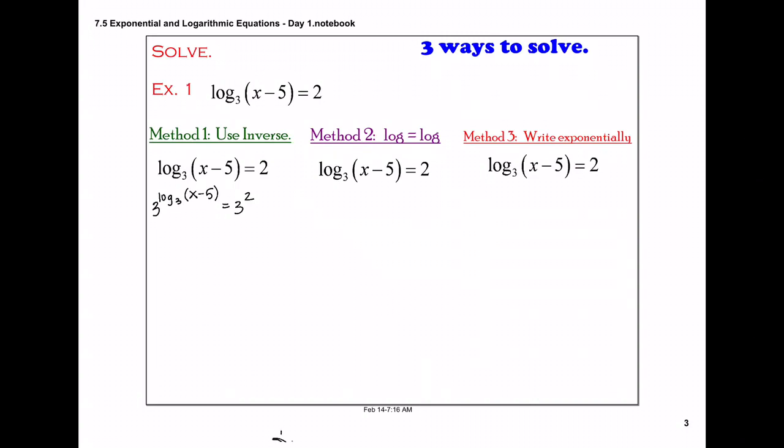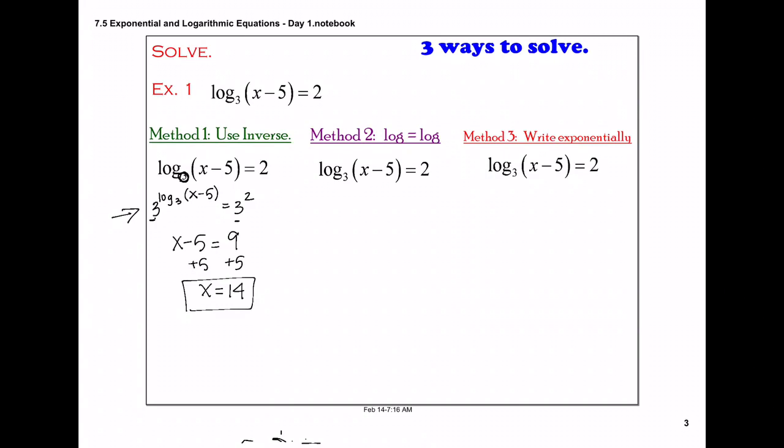Because this base right here is 3, we can put 3 as both of our bases on either side. When we have 3 raised to a log of 3, that equals 1 whole, so we're given x minus 5 on the left, and I know that 3 squared is equal to 9. I can then add my 5, and I know x is equal to 14.